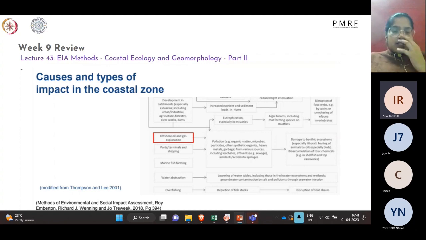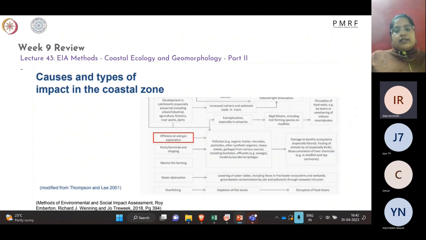And this can again cause damage to the ecosystem, especially animals, and bioaccumulation of toxic chemicals in the water. So of course, water and oil do not mix. So it forms this layer of oil on water, and it's very hard for water action agencies to clean up. So this is again a major risk and a major direct impact which can happen.